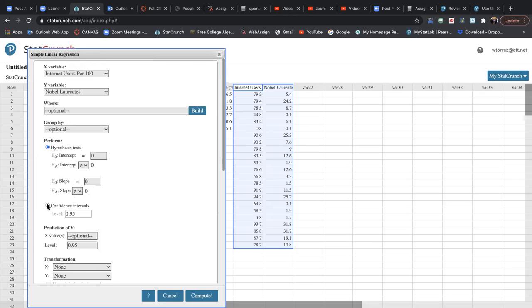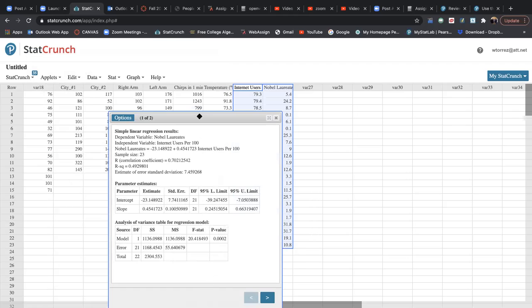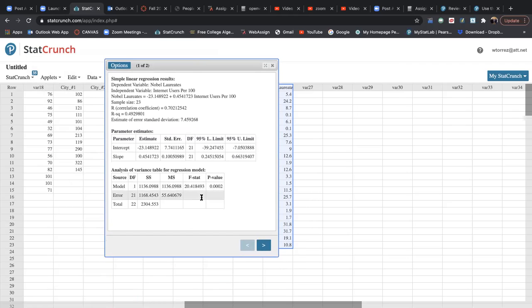Let's just check confidence intervals and see what we get. Okay, so here we have our results. And okay, and for 95%, you see you get interval estimates of the y-intercept and the slope. Here you see them here, okay?